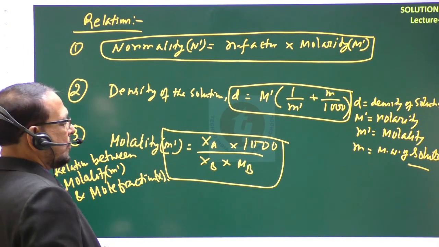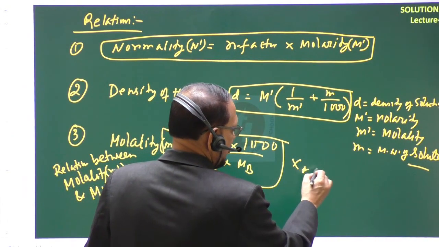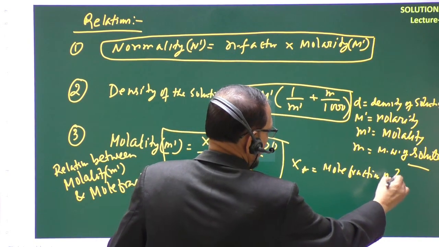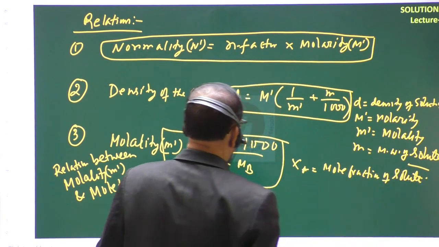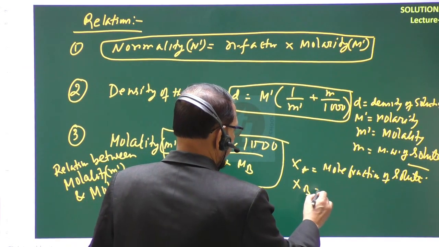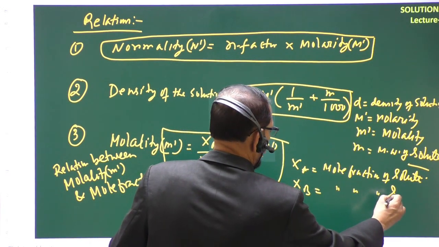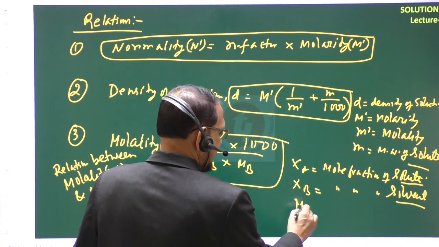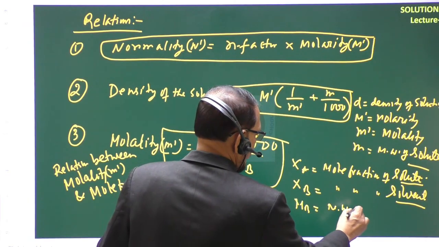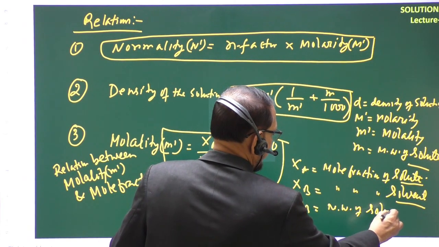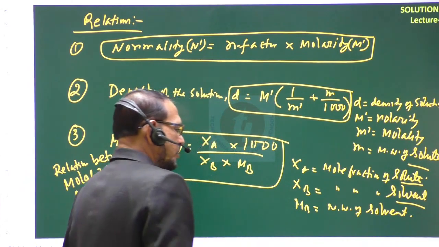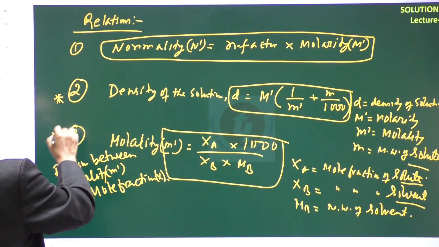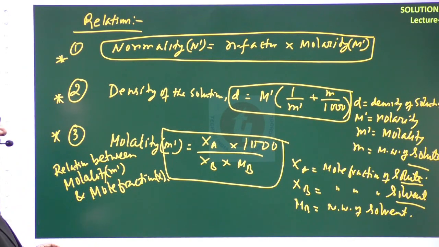What is XA? XA is the mole fraction of solute. How it comes, you will derive and send me. XB is the mole fraction of solvent. MB is the molecular weight of solvent. For water, it is 18, that we know. All these three are very, very important relations.